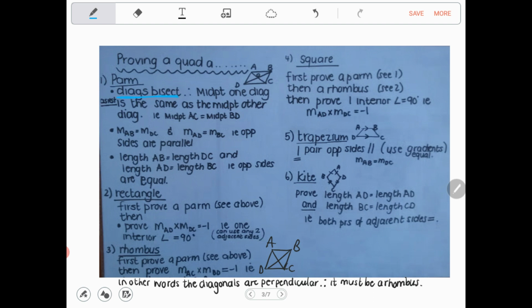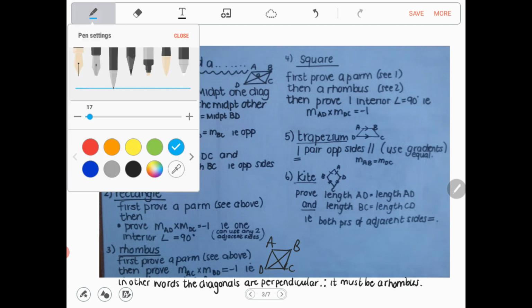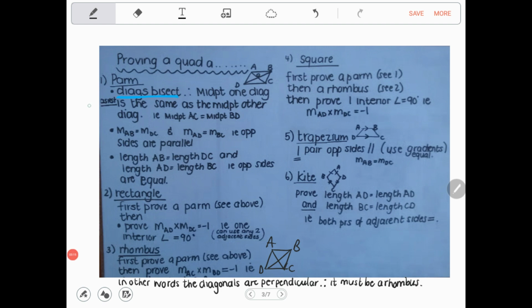That is your easiest way. So if I said prove this shape is a parallelogram, your easiest way is to show me that the midpoint of one diagonal is equal to the midpoint of the other diagonal.